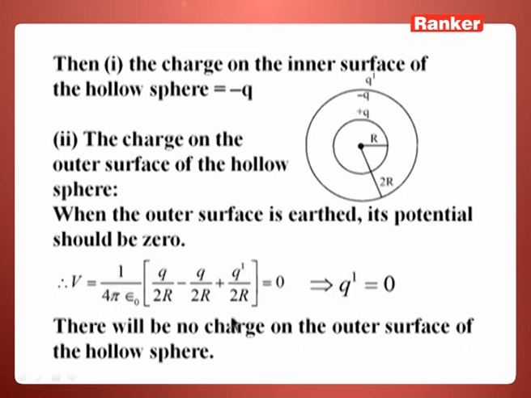That total value now should be 0, because potential should be 0 when it is earthed. We know that very well. Thereby you can get once again Q dash is equal to 0. So what is your conclusion? There will be no charge on the outer surface of the hollow sphere. That is the concept one should understand from this.